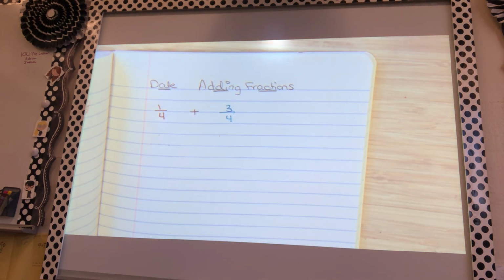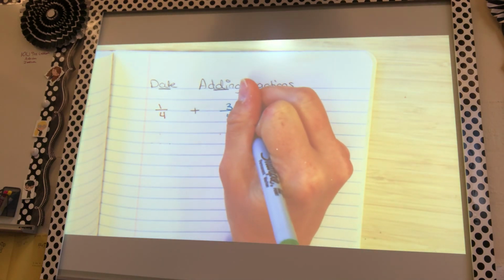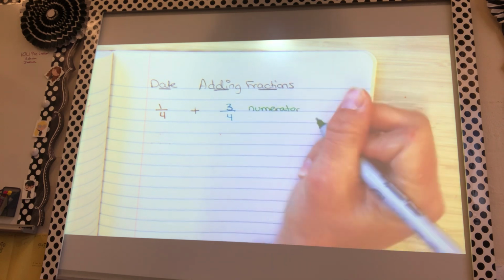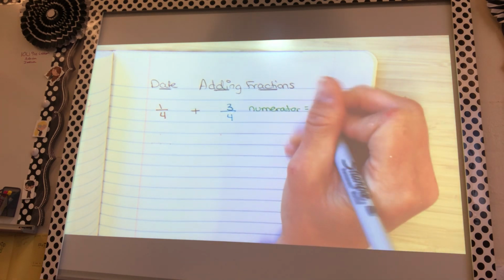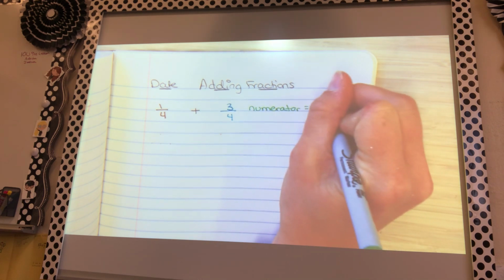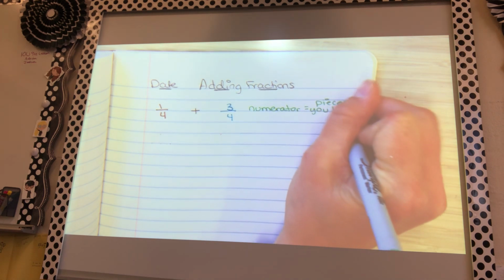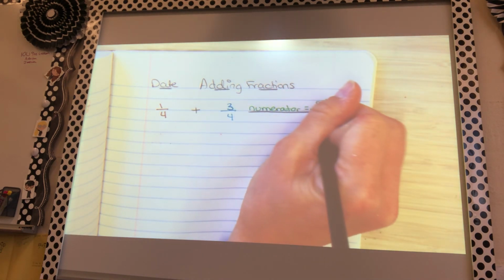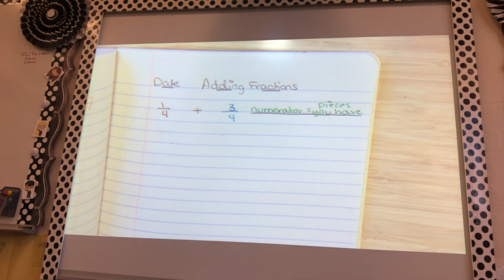So, if I look at the top number, its vocabulary word is numerator, and the numerator tells you how many pieces you have. And it's separated from the bottom number, what I've heard a lot of students say, which the vocabulary word you should be using is your denominator.